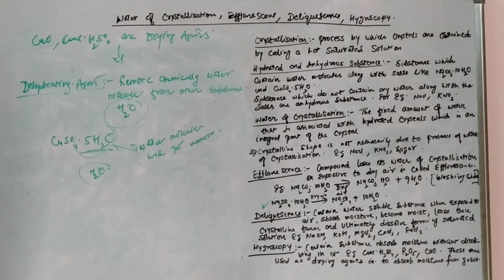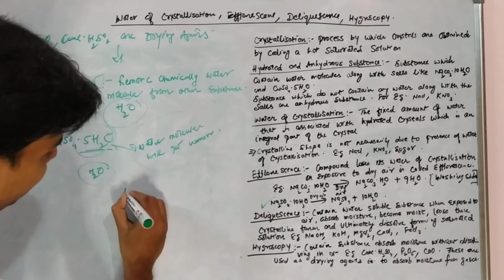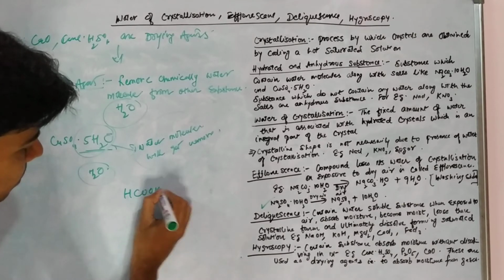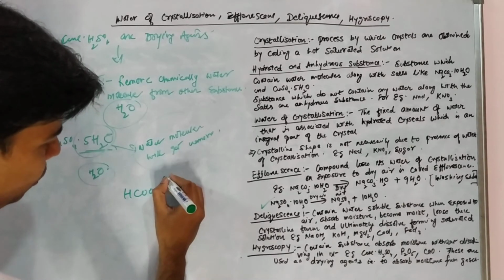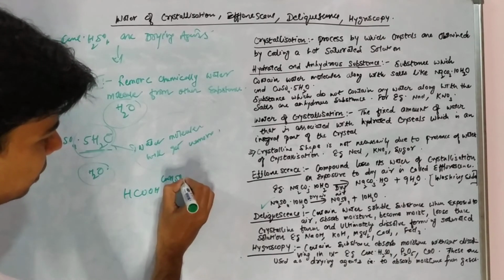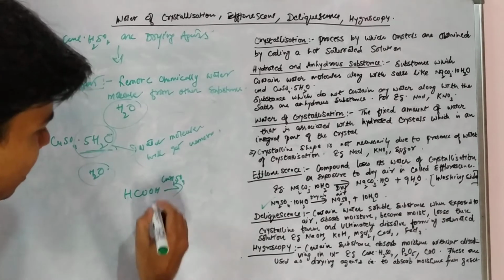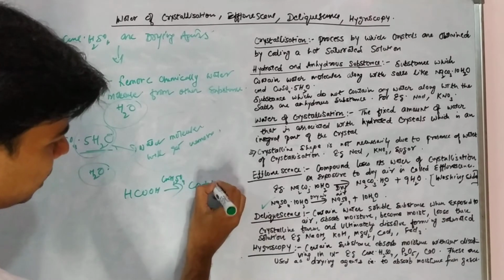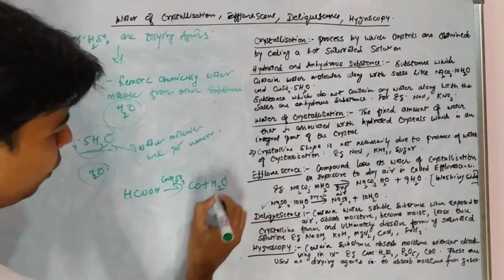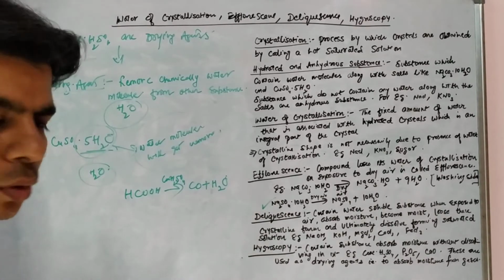It's like formic acid. It's a chemical change. If you put concentrated sulfuric acid, which is a dehydrating agent, it will form CO plus H2O. It will form carbon monoxide.